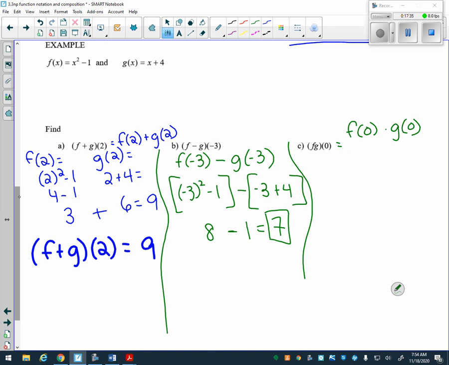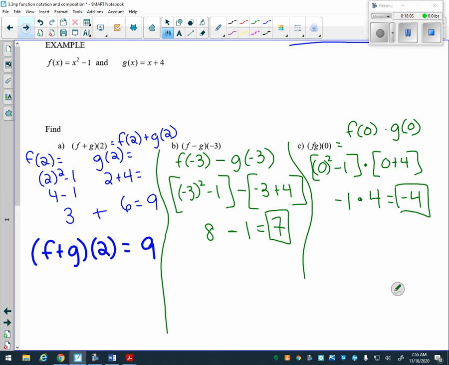So we have f of 0, which means 0 squared minus 1 times 0 plus 4. So we have 0 squared, which is 0, minus 1. So you have negative 1 times 4 equals negative 4. So those are operations of functions, okay?